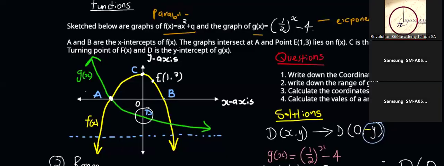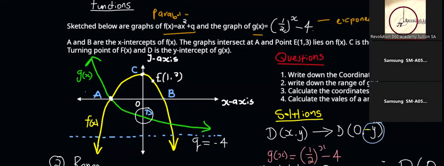Since they want us to write the equation of the asymptote of g of x, which is the asymptote of the green graph, that q equals negative 4 represents the asymptote. I've tried to explain that the asymptote is the line that will never meet the graph, the line that will never touch that green graph.